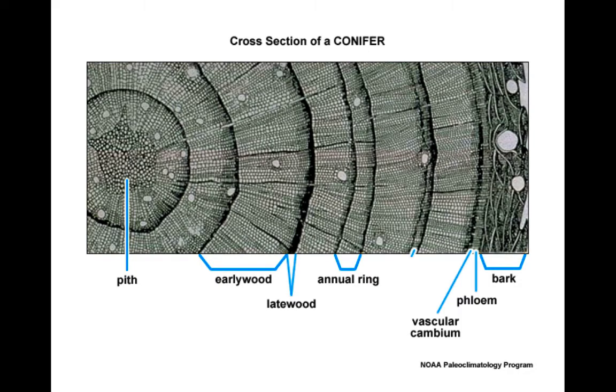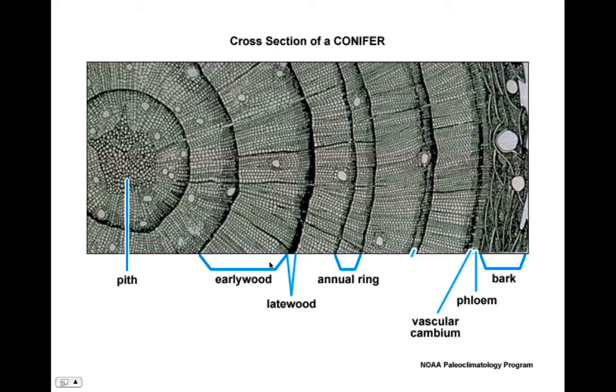So what about growth rings? Well, growth rings are possible in temperate areas of the world where there's going to be a seasonal difference in the relative growth of the vascular tissue. So in this example of a cross-section of a conifer, we can see an area of wood known as early wood, and a region known as late wood.